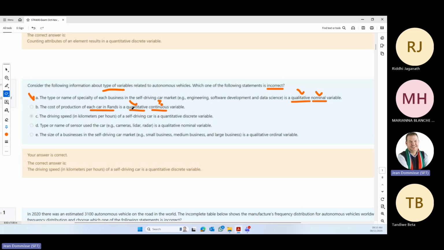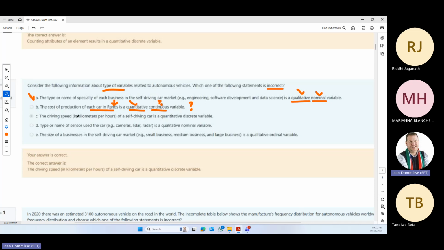So we don't know. See, that is what I'm also now thinking. In rands means to me 1 rand, 2 rand, 3 rand, 4 rand, which is discrete. So that's why for me I would have said discrete.